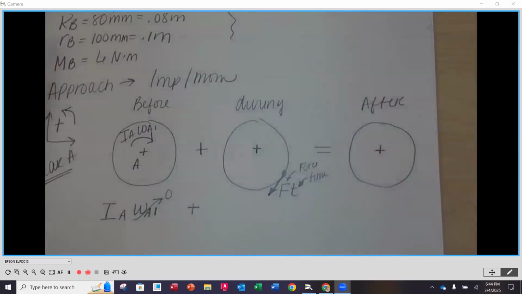I just don't want it to be confused with that it's a tangent force. This is force times time. It is a tangent force, actually, the direction that it's going in, and it's on the periphery, but this is force times time for impulse.